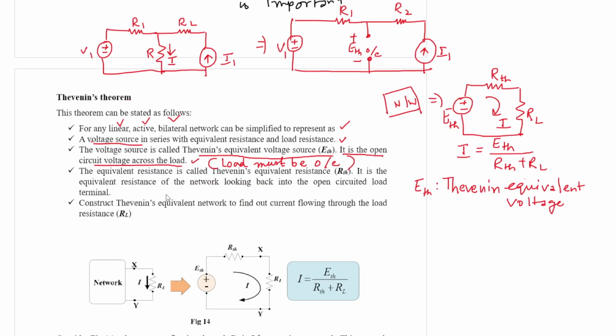Now let us come to the Thevenin equivalent resistance. The equivalent resistance is called Thevenin equivalent resistance, RTH. So how can you measure it?